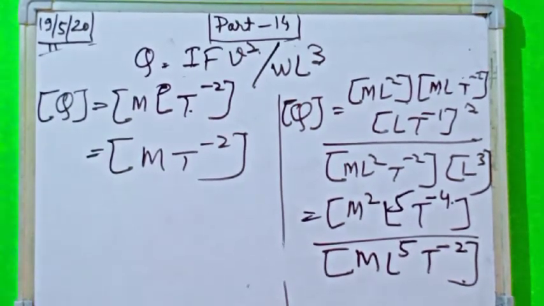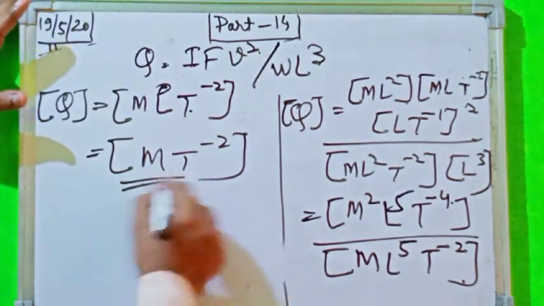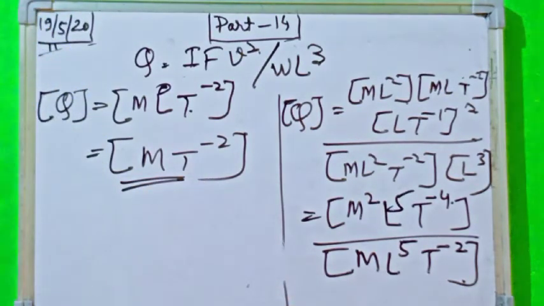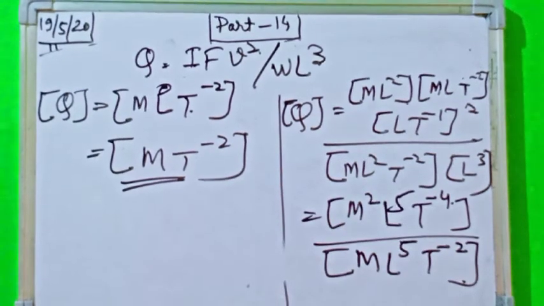Which physical quantity represents the dimension M T minus 2? I think force constant, surface tension, surface energy, energy per unit area. Clear?